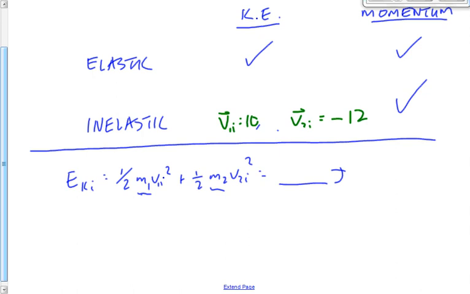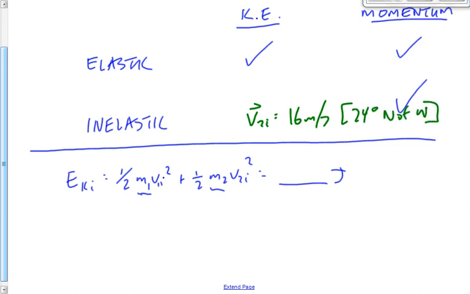We wouldn't put in the negative, because although for momentum, which is a vector, we would put in the negative, for kinetic energy we've got a scalar, so we're not going to pay any attention to direction. Even if v2i is 16 meters per second at 24 degrees north of west, we would still put in 16 meters per second and not the angle, not the direction, because again, kinetic energy is a scalar.